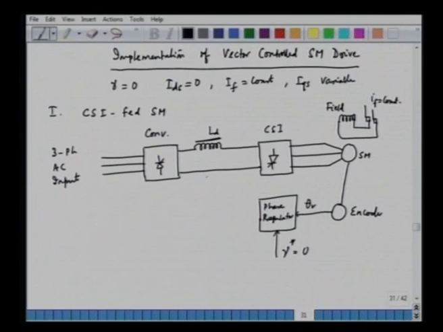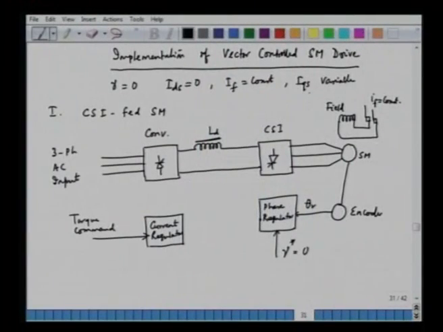Then we can have a current feedback here, so we have a current regulator. And we will give a torque command, and the torque command is the same as the IQS command, because here IQS is variable. So, we can give a reference IQS. If we change IQS, the torque will automatically change. So, this IQS is the same as IS.